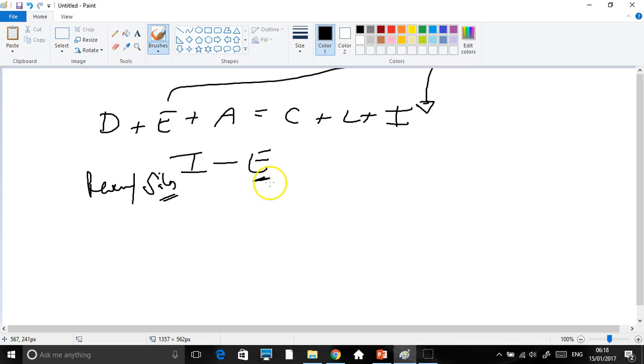But with E, we have the actual purchase of the product. For example, if you sell cakes, you need to buy flour, butter, sugar, milk. You have all of these costs.